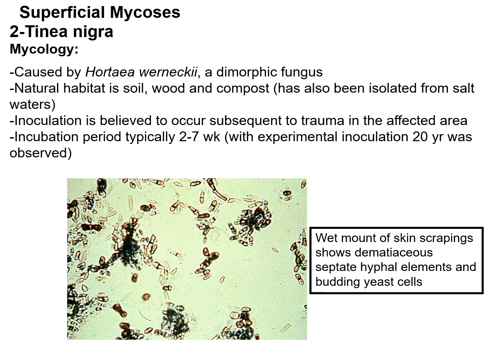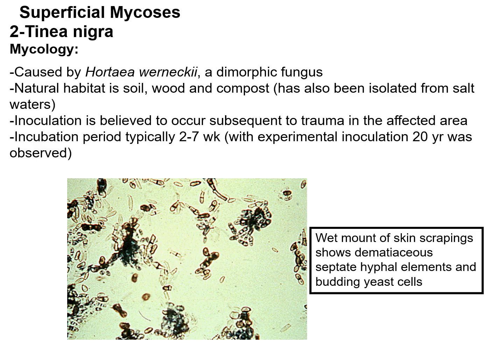Specifically, if people decide to walk barefoot in the woods, that might happen. It has also been isolated from salt waters, and so people at the beach are also possibly exposed to this agent. And what we think happens is we have trauma in that area that allows for lodging of the organism, Hortaea werneckii, in that region.